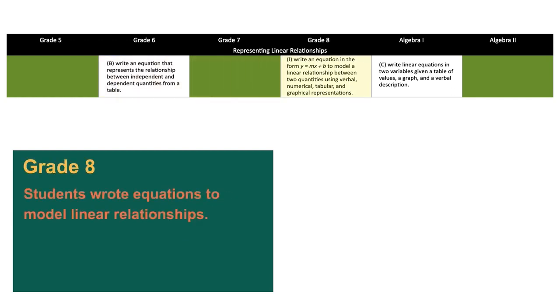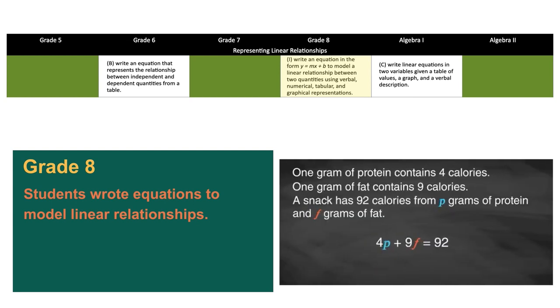This expanded in 8th grade when students wrote equations in slope-intercept form to model linear relationships represented in multiple formats. These skills prepare students in Algebra 1 to be able to write two-variable equations from different sources. The equations they write in Algebra 1 are no longer restricted only to slope-intercept form.